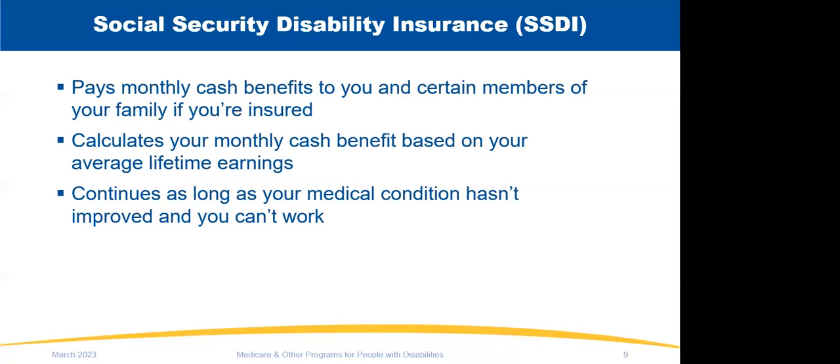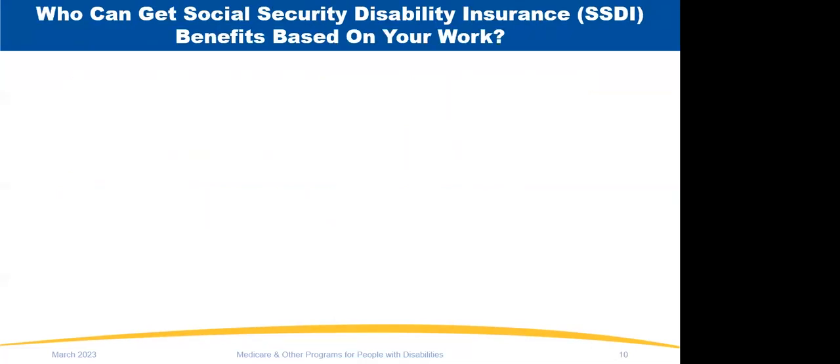So the review could either be every year, every 3 years, every 5 years, every 7 years, depending upon the severity. There are some conditions where there is no likelihood of improvement, so there would be no review. So again, depending upon the severity of the condition, it's going to determine how often that claim is reviewed to determine if the individual is still disabled. But as long as they're considered to still be disabled, those benefits will continue.